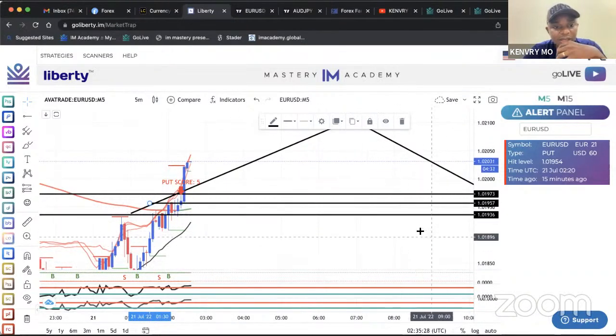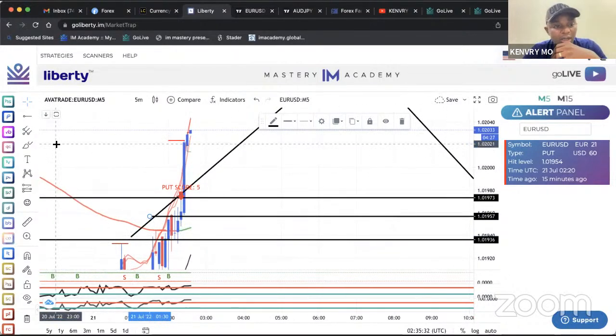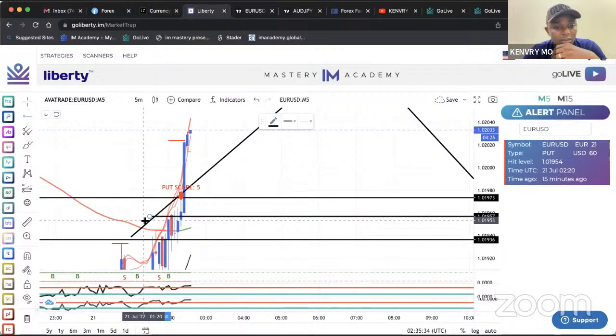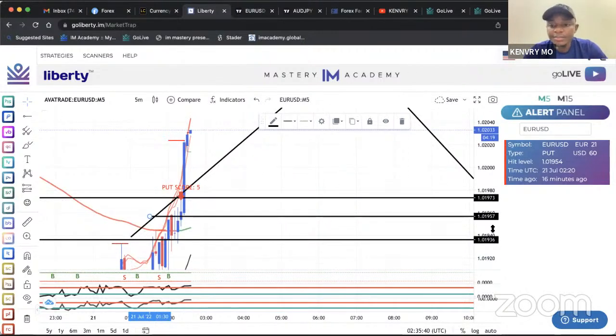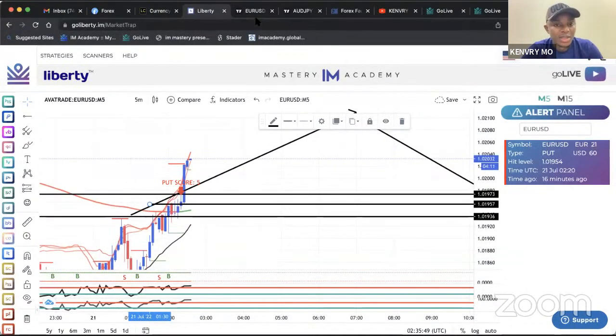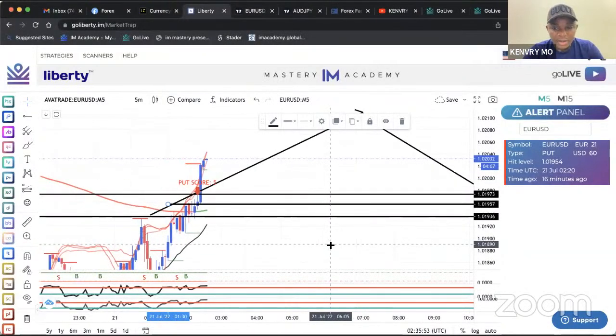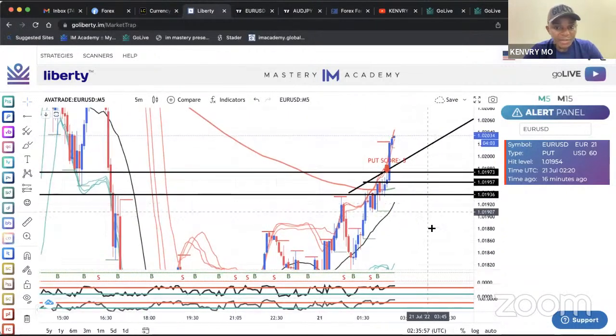So 96 to 957 is going to be a good bullish momentum, in the same area. That's what I watch out for on EU. 936 to 957. I'm talking about market trap price, so you have to be looking at it on market trap for that price.